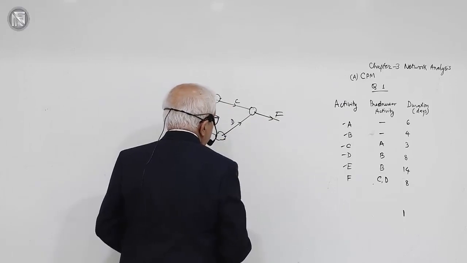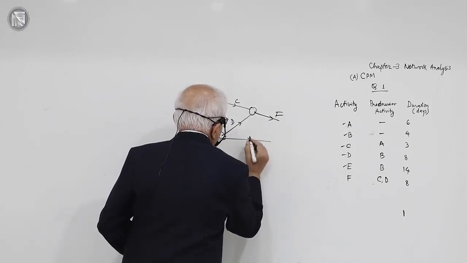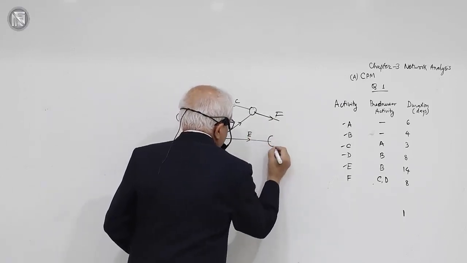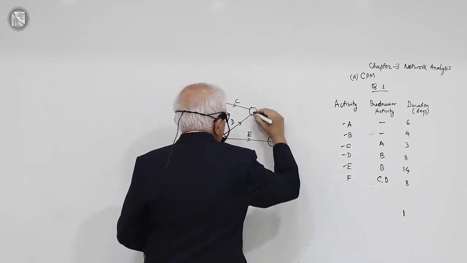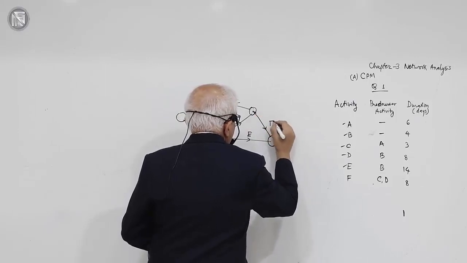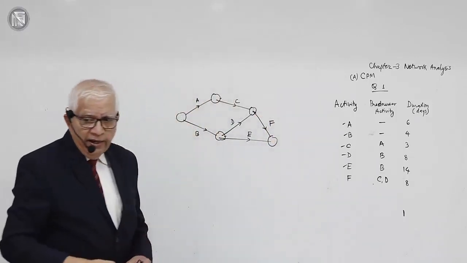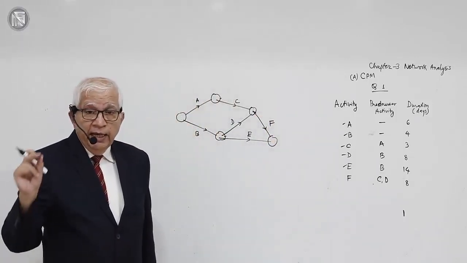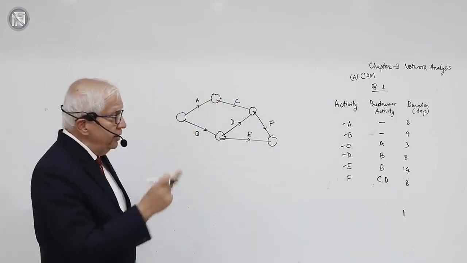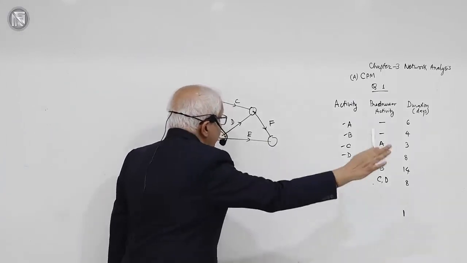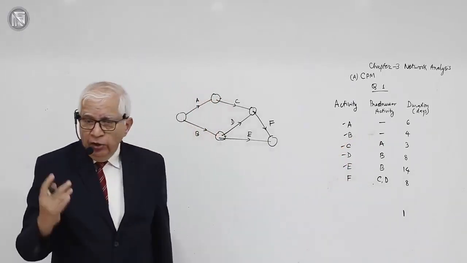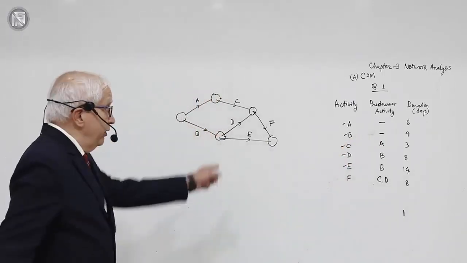So I'll say this is my E and it ends at this event, and this is my F, and since E and F are the end activities, the end of the project must be a unique event. This is the end of the project, which is a unique event, and after that there is nothing in the network diagram because E and F are the end activities of the project.